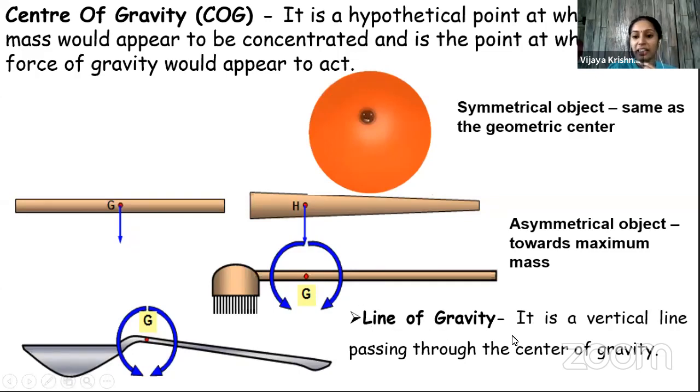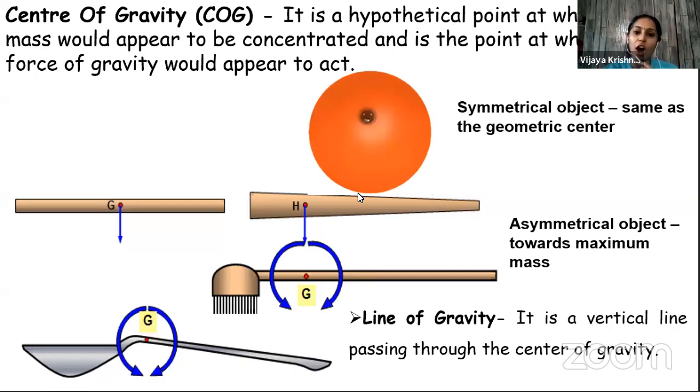It is the line which passes through the center of gravity. So, if you draw a line from here, this becomes the line of gravity which is going to pass through the center of gravity. So, remember, center of mass and center of gravity for an object which is placed on Earth are similar because of Earth's gravitational forces.